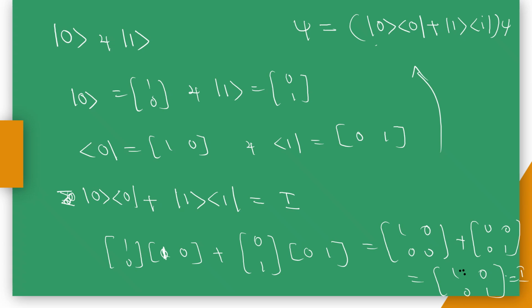Psi is equivalent to the identity matrix operating on it. It's like an operator where there is no change, because the identity operator, when operating on psi, gives the same result. If this is the case, then we can call it the completeness relation.